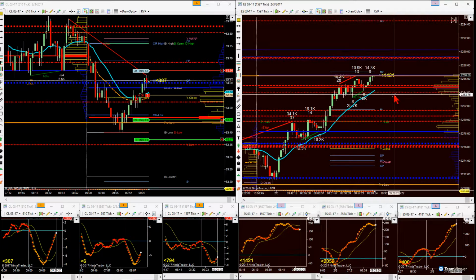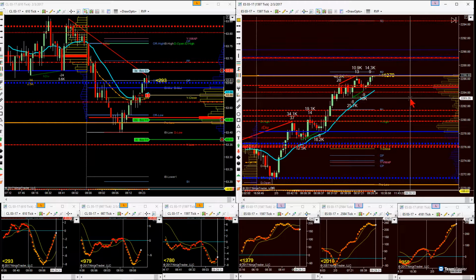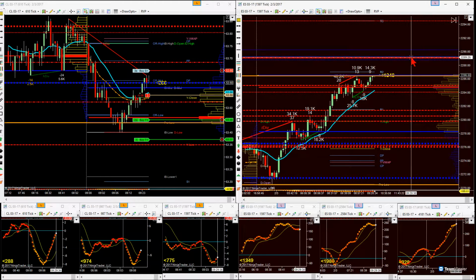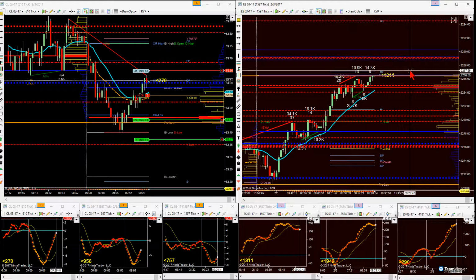I don't want to just take a short. This is such a big gap from yesterday's high, seven points or so. It's a decent gap in the S&P. If we have an opening drive towards the top side, I don't want to just take a short there.